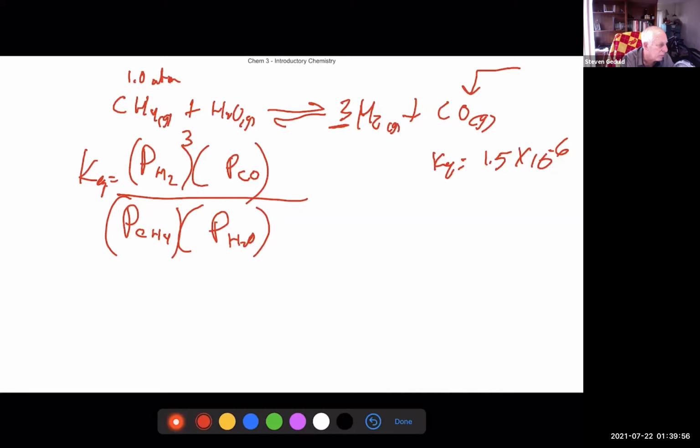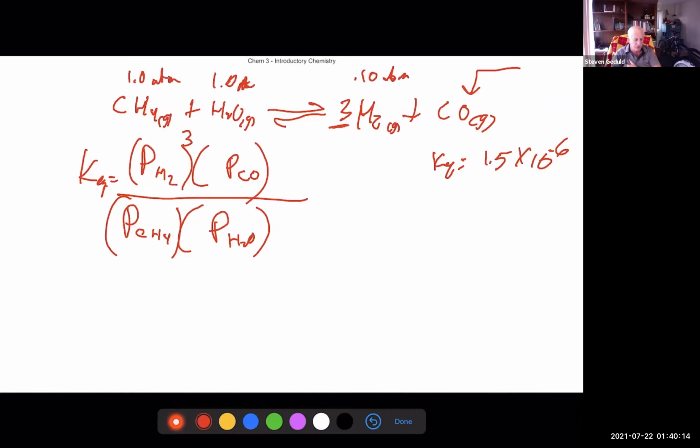The partial pressure of water is 1 atmosphere. And the partial pressure of hydrogen is 0.1 atmospheres. And we want to know the partial pressure of carbon monoxide.